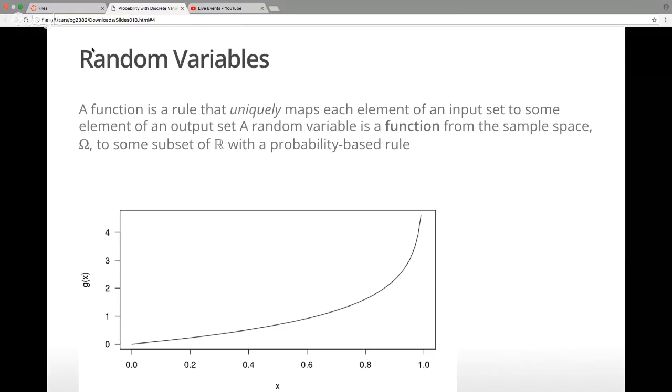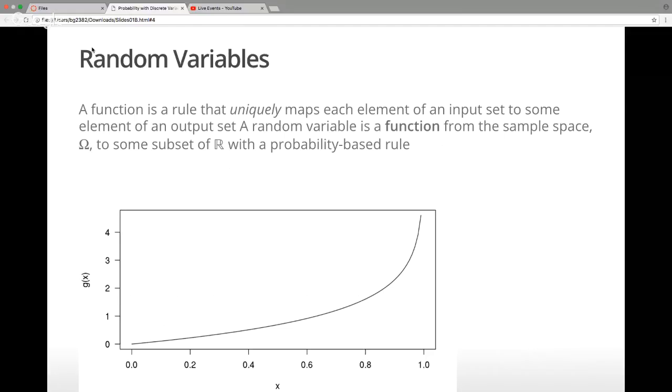So there's no looping or anything like that would make this merely a relation rather than a function. So the important thing about a function is the unique mapping from input set to a particular element of the output set.